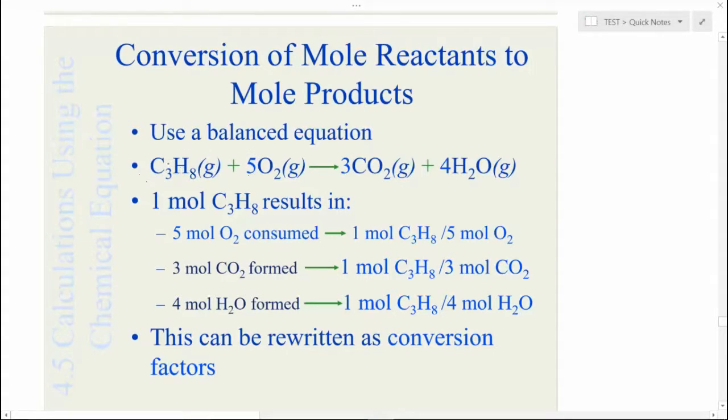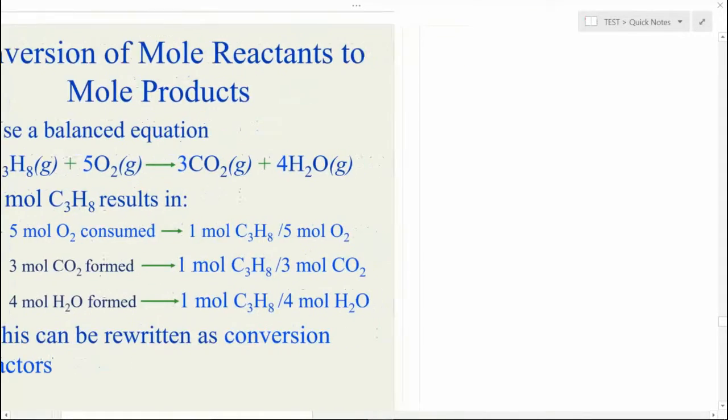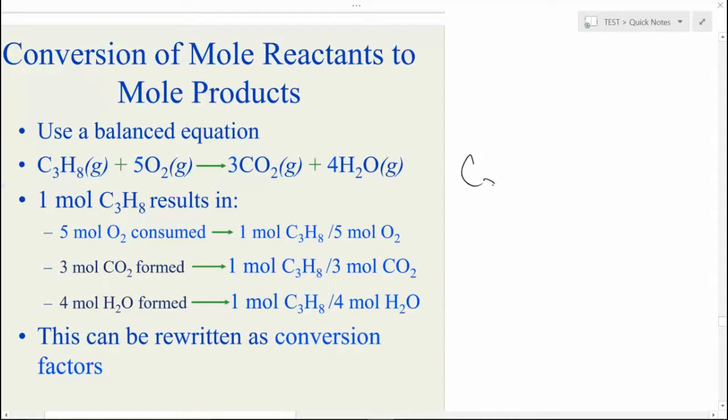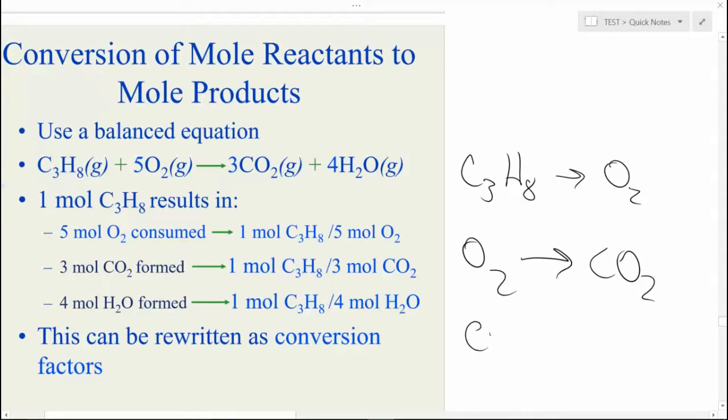As you can see, these are all conversion factors. With this, I can convert from C3H8 to O2, or I can convert from O2 to CO2, or from CO2 to H2O.